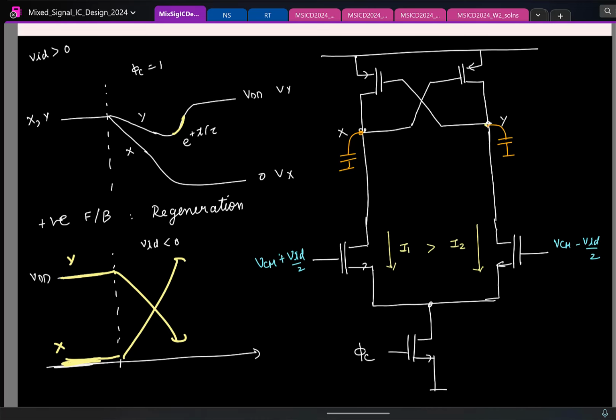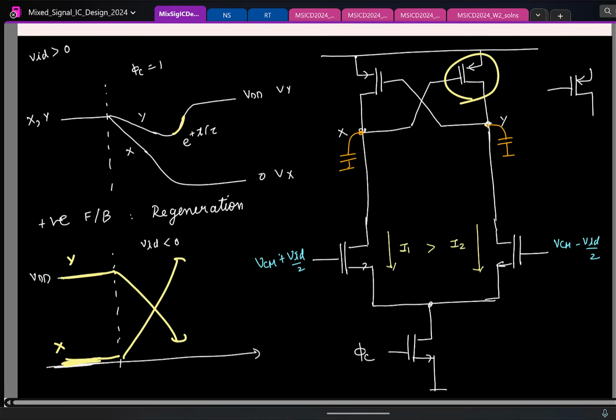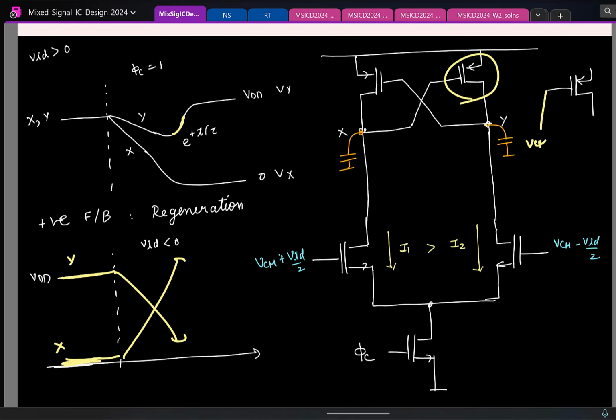How will you reset this actually? You want to reset to some voltage. What will I connect here? I have to have a switch here and connect it to an appropriate voltage. And if I reset it to, let us say, 0 or VCM, I have the PMOS transistor. Let us say I'm drawing this guy. This PMOS transistor, gate is connected to VCM. This is VCM.